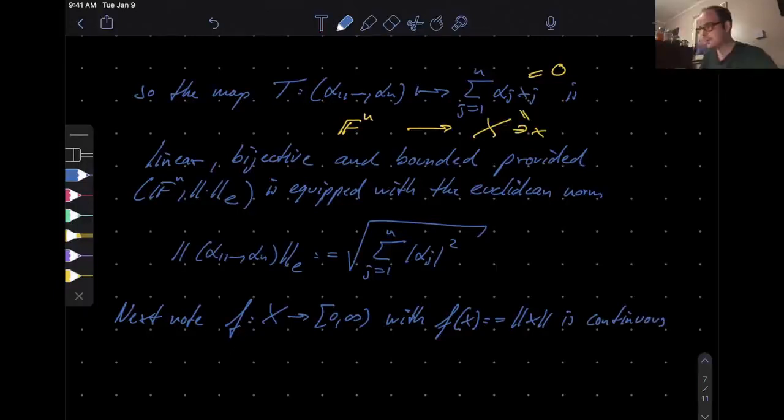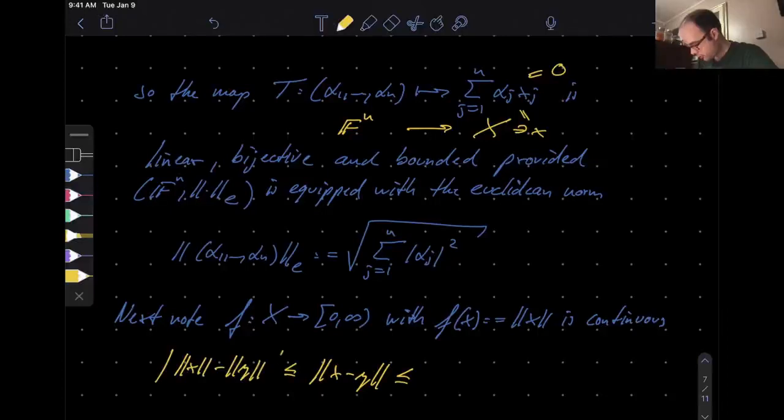This is a continuous function. Why is this? Well, because of the triangle inequality. But this time I don't mean the triangle inequality upward, I mean the lower one. That is a cute exercise. You can show that the, yeah, maybe I will write the upper also.